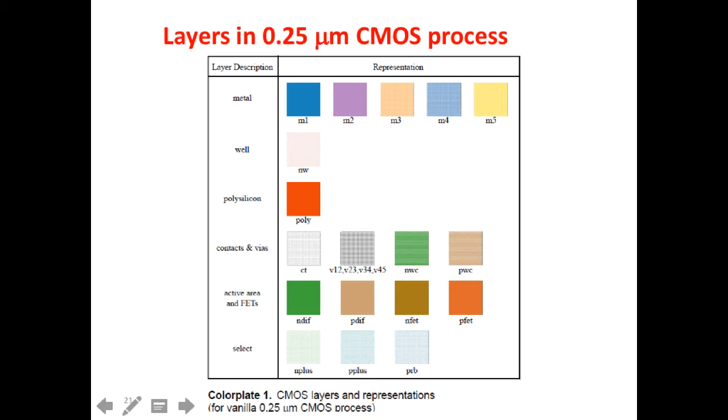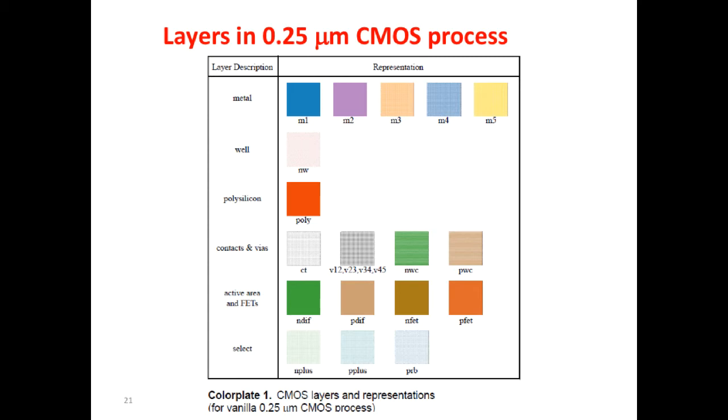We have only one well, only the N well, it is a single well process. Then we have another layer for the polysilicon. Then we have layers for the contacts, for the vias, for the active areas, and N plus and P plus are additional doping layers. I mean, this last row is not as important as the other ones.